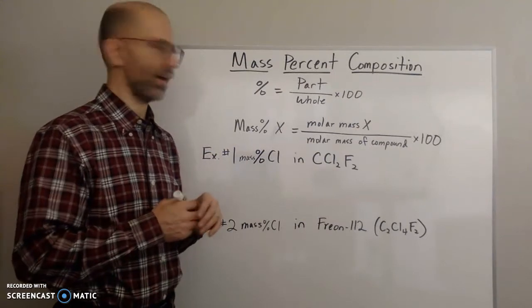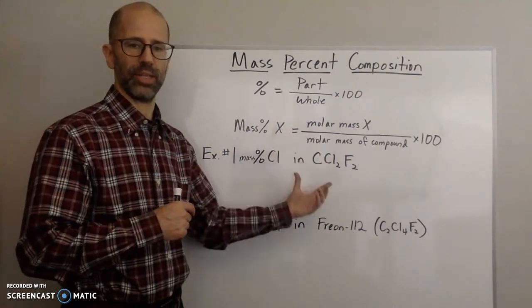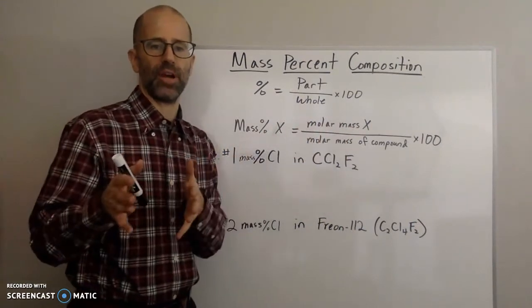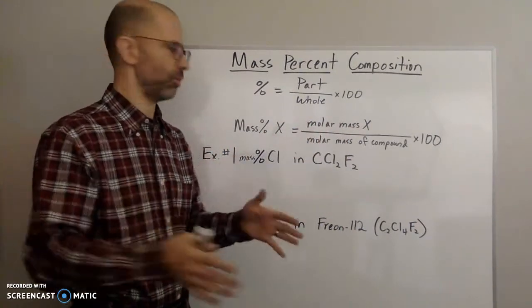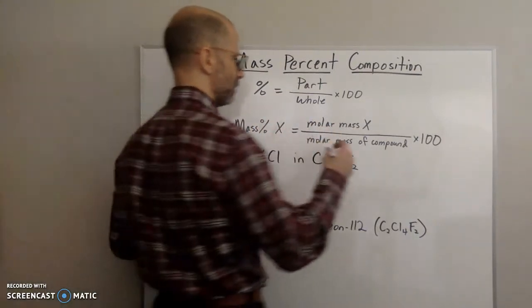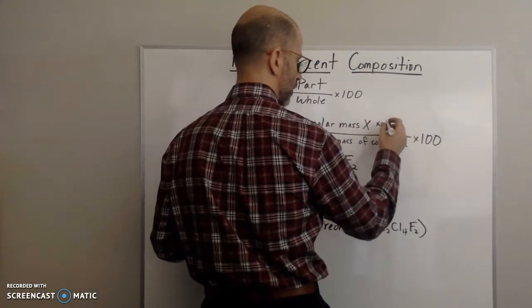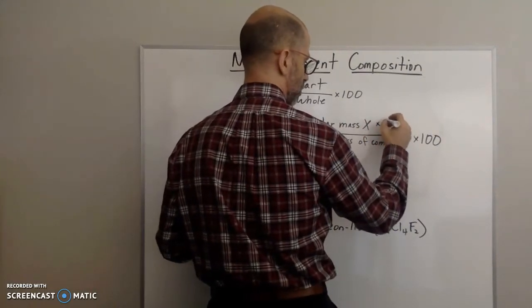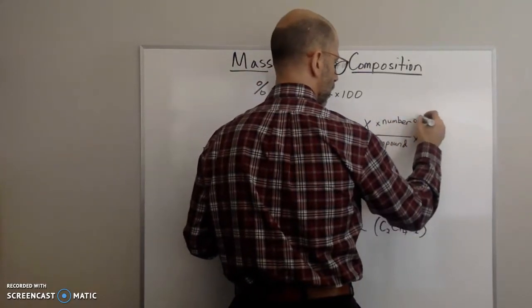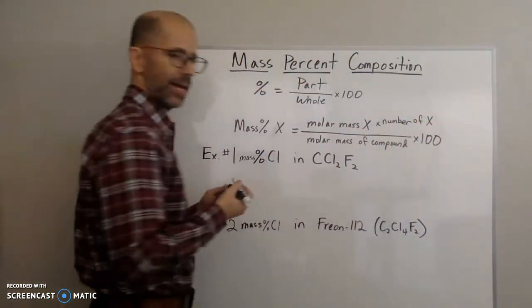element. I'll explain with an example, but I'm not just looking up the periodic table and saying, okay, that's the molar mass. It's going to be the molar mass multiplied by the number of the element X that I have.